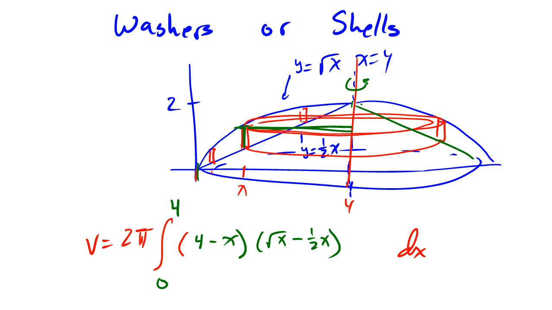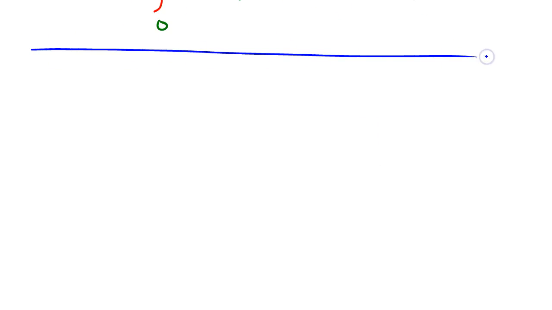Okay. Now I want to do the same region, rotate around the same axis, but I'm going to turn my rectangles sideways. So here we go. Let me grab a blue pen to start with. Let's move on up here. So I'm going to draw the picture again.